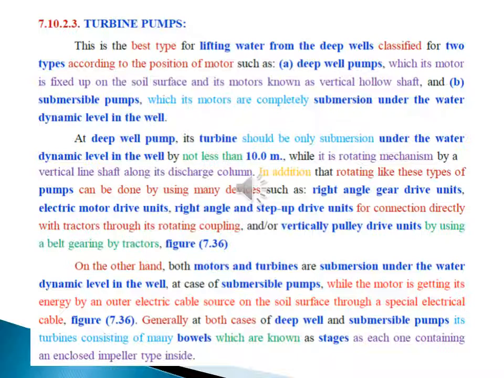In a deep well pump, only the turbine should be submerged under the water dynamic level in the well, by not less than 10 meters, while in a submersible pump both motor and turbine are submerged under the water dynamic level in the well. Look, my dear, it is an important difference.